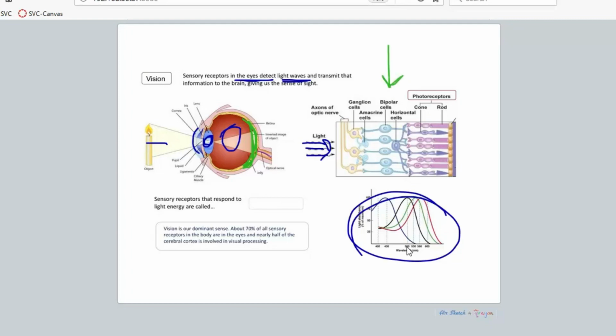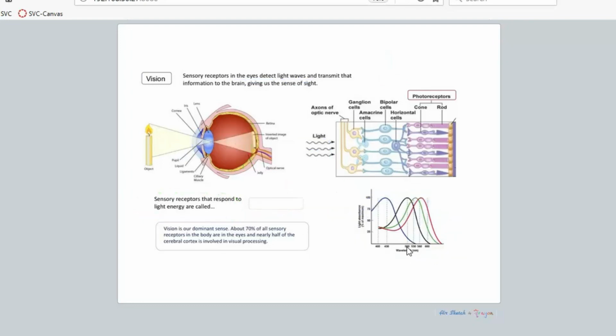Sensory receptors that respond to light energy are called photoreceptors. So that light information goes to the back of the eye. It stimulates these photoreceptors, and then that information travels up through this complicated pathway to the brain for processing.